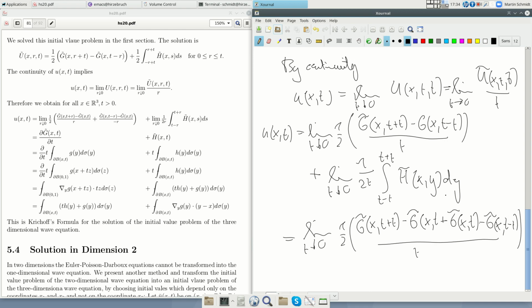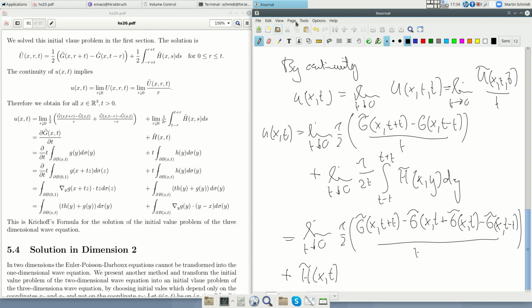And of course this term here, 2r, is exactly the length of this interval. So it is the mean value on this ball. So in the limit, this is just the value when we insert y equal to t. So here we have exactly h tilde of x, t.